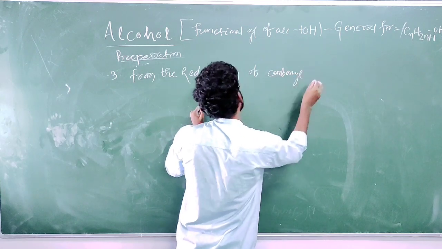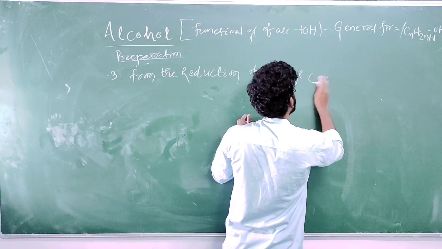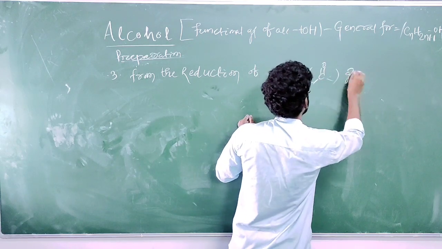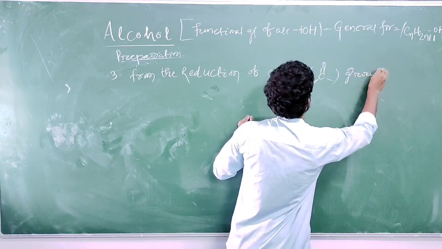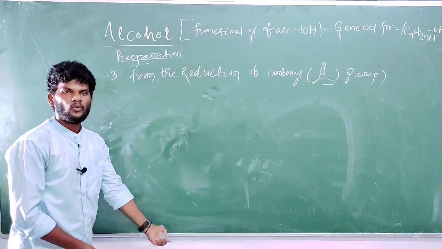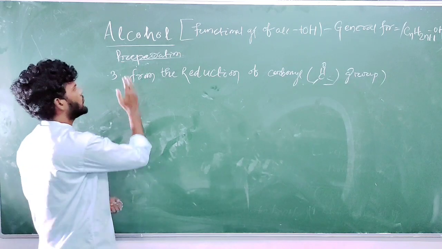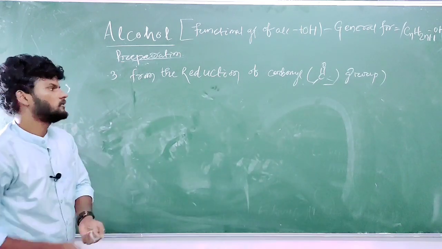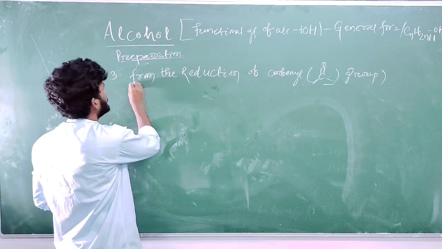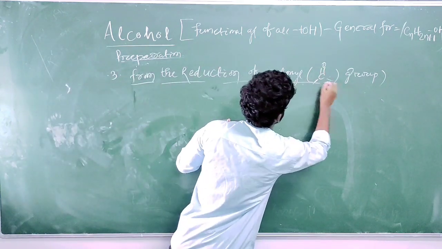What is carbonyl? The CO group. Reduction of the carbonyl group. The carbonyl may be an aldehyde or a ketone. So we can synthesize alcohols by the reduction of the carbonyl group. This is the third method of synthesis of alcohol.